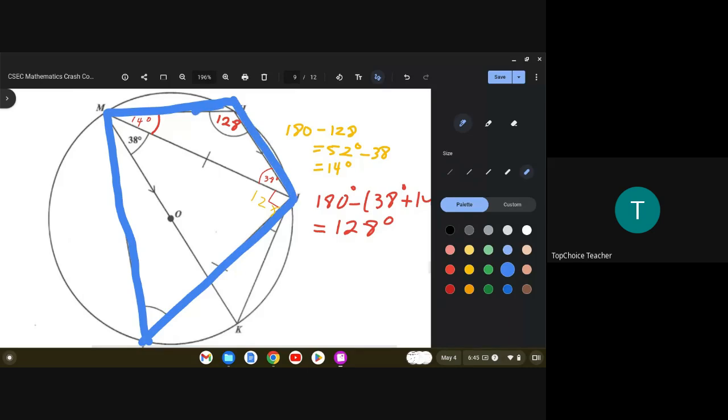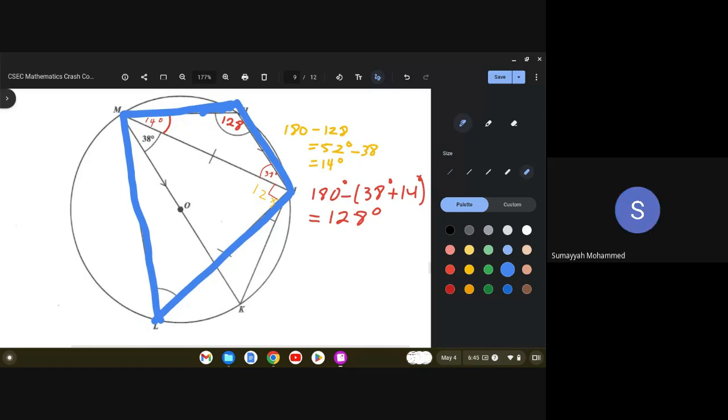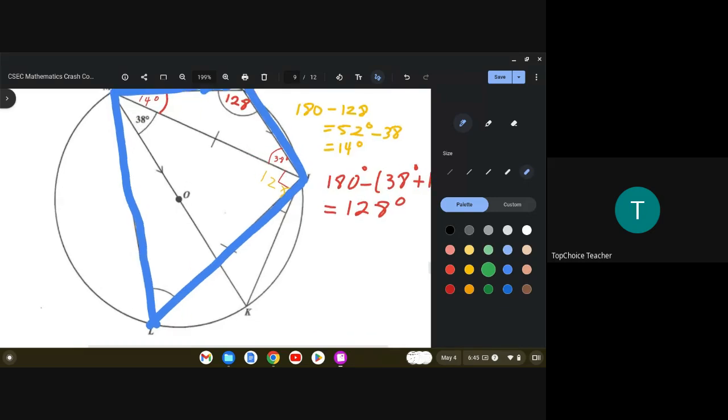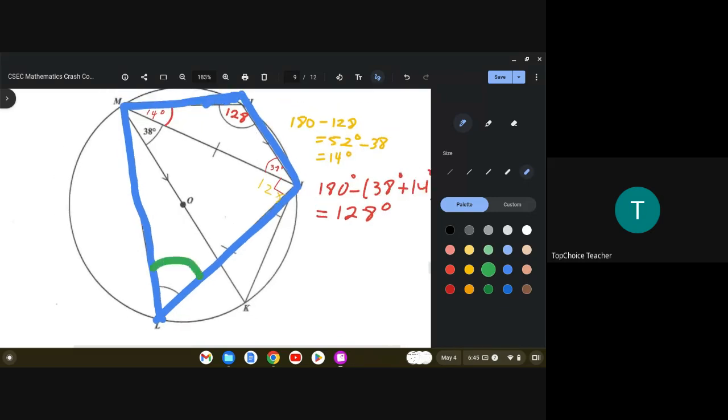What shape again is this? A cyclic quadrilateral. And what do we know about the opposite angles in a cyclic quadrilateral? They are supplementary. So wouldn't that mean that this angle down here, which we need to find, must add up with 128 to give what? 180.